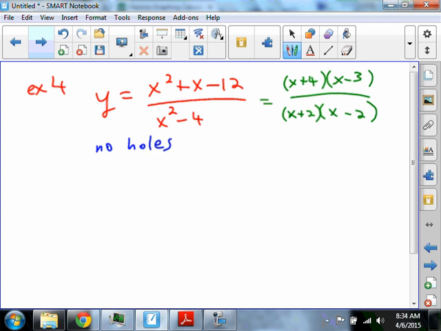M and N are equal. Is there going to be a horizontal asymptote? Yeah, the horizontal asymptote. Vertical asymptote. Negative 2.